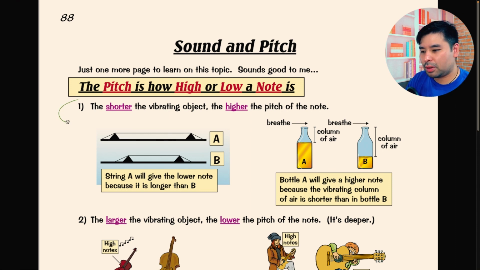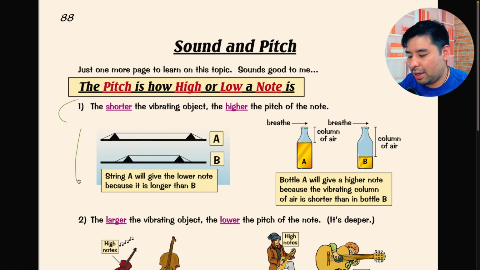Okay, so the shorter the vibrating object, the higher the pitch of the note. Again, the shorter the vibrating object, the higher the pitch of the note. So we have A and B, this first picture here. We have A, that looks like a guitar string, and we have B, and we can see that there is a difference in the distance between A and B.